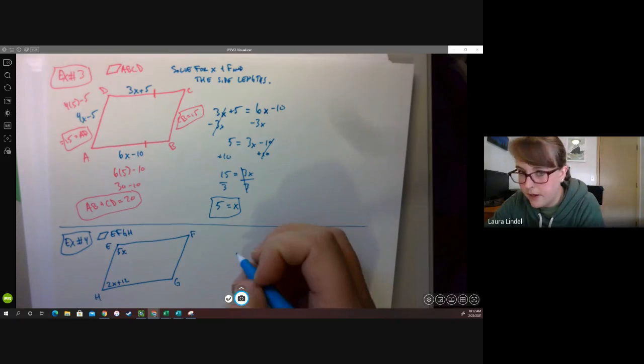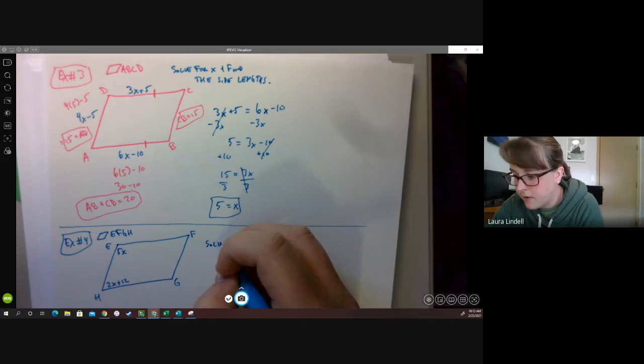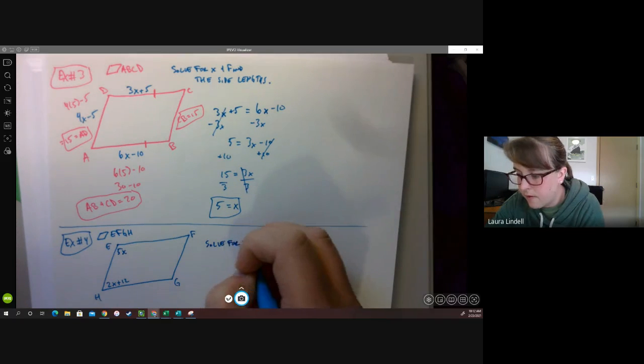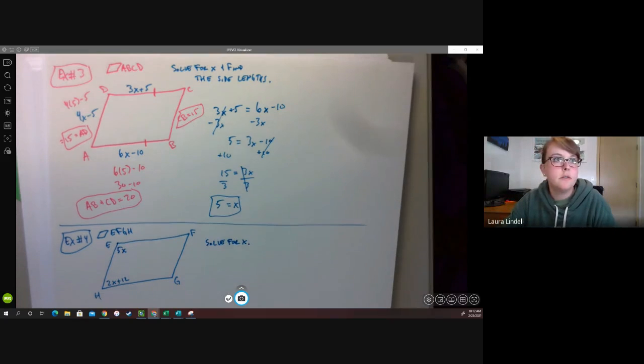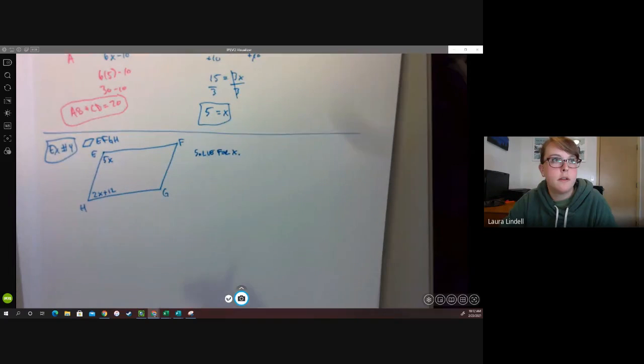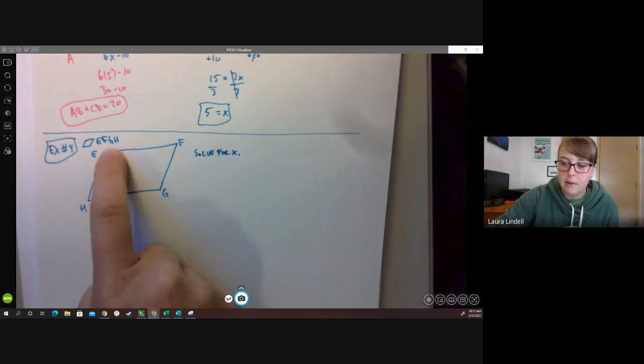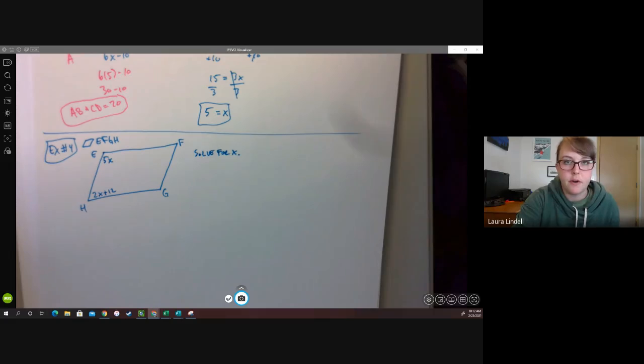And we want to solve for x. All right. Well, are these two angles opposite angles? Are they in opposite corners? Or are they consecutive?